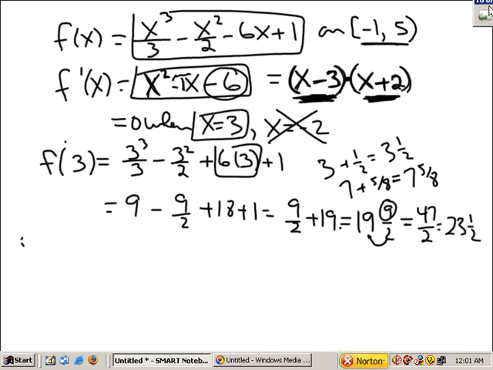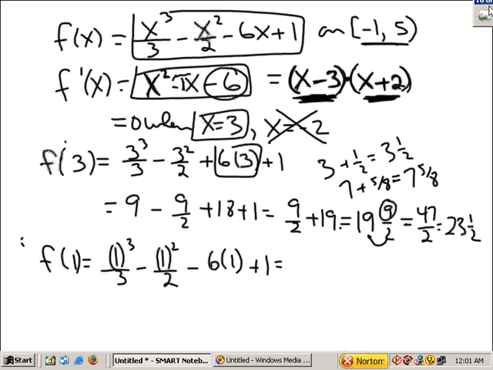Okay, now we're going to find f of the endpoint. We're going to find f of 1 now. That's 1 cubed over 3 minus 1 squared over 2 minus 6 times 1 plus 1. It's a third minus a half minus 6 plus 1.